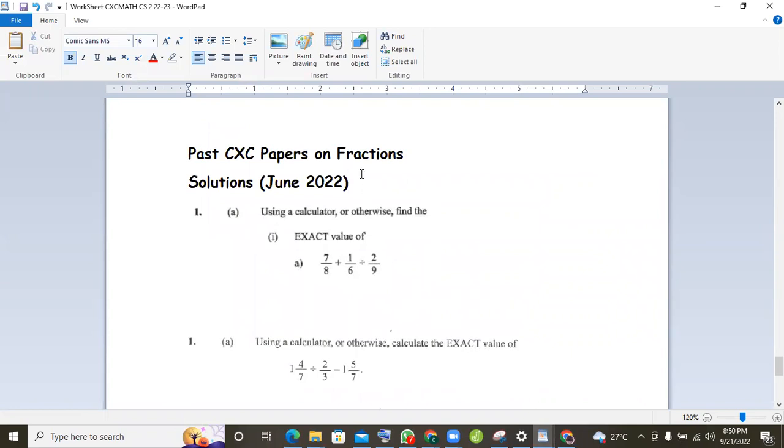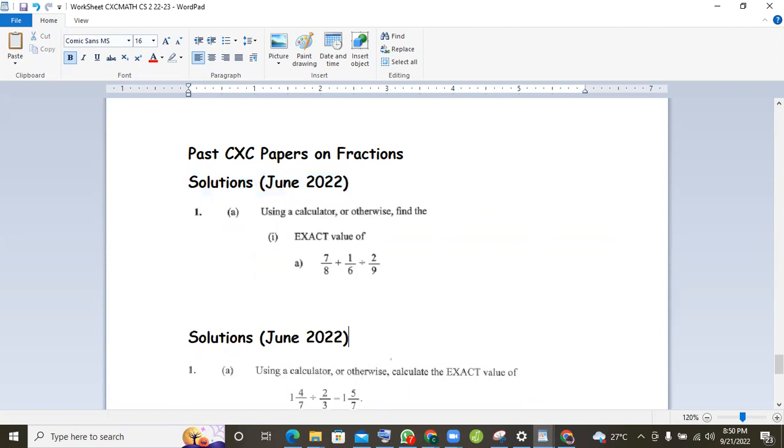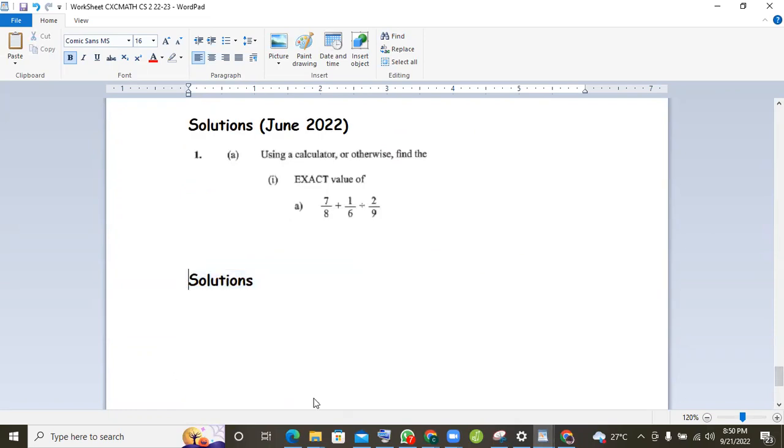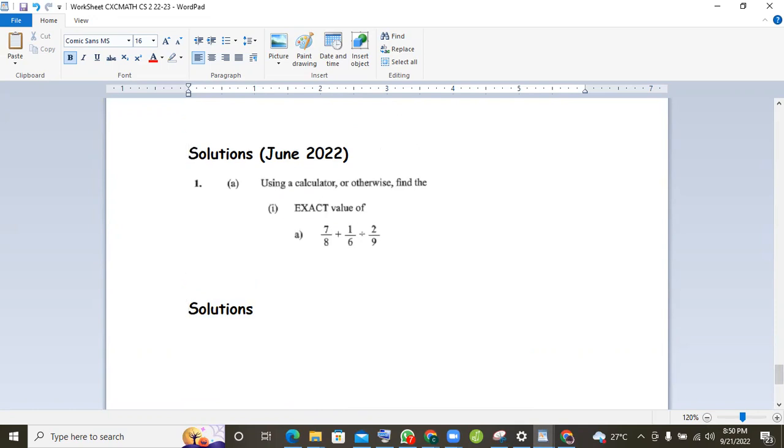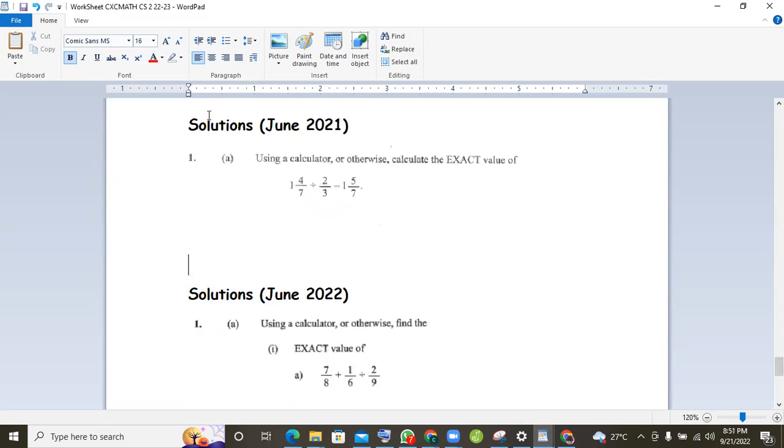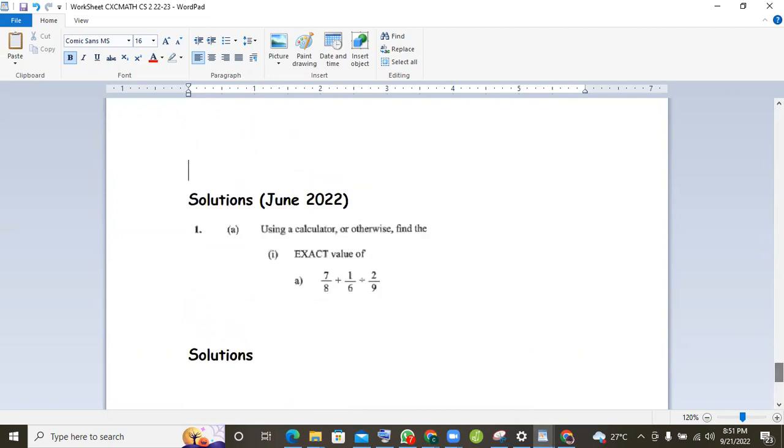June 2022. And this one is July 2021. So probably I can put the July before. July comes before June. The 2021 comes before 2022.